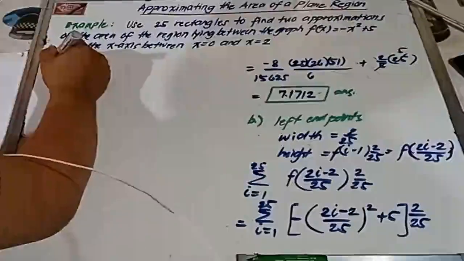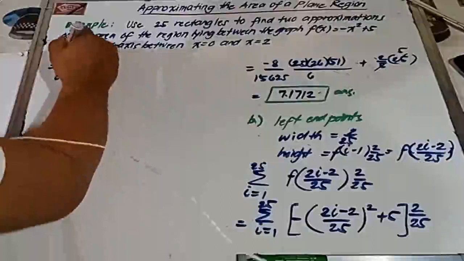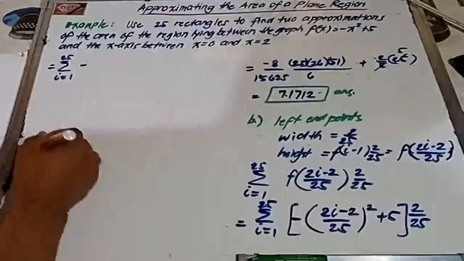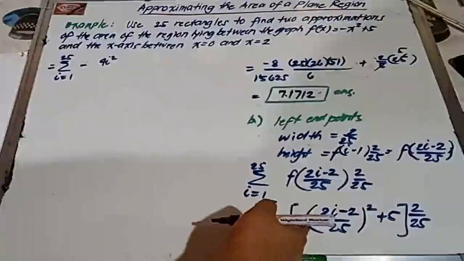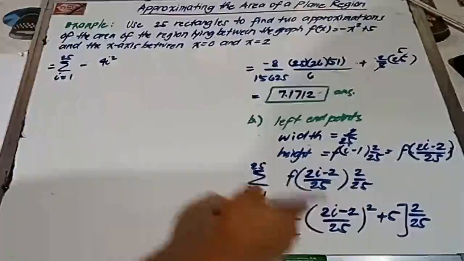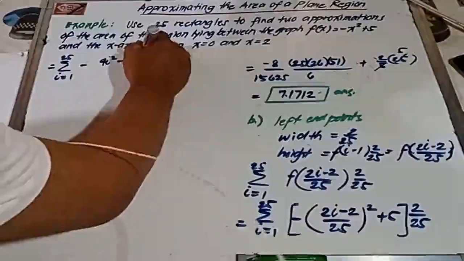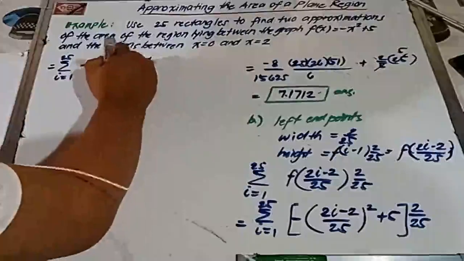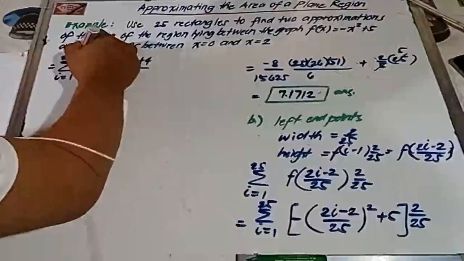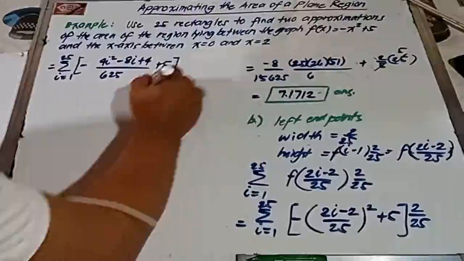We have summation of i equal to 1 to 25 minus here, we have 4i squared. 2 times 2i is negative 4i times 2, negative 8i. Okay, plus 4 over square of 25 is 625 plus 5 times 2 over 25.